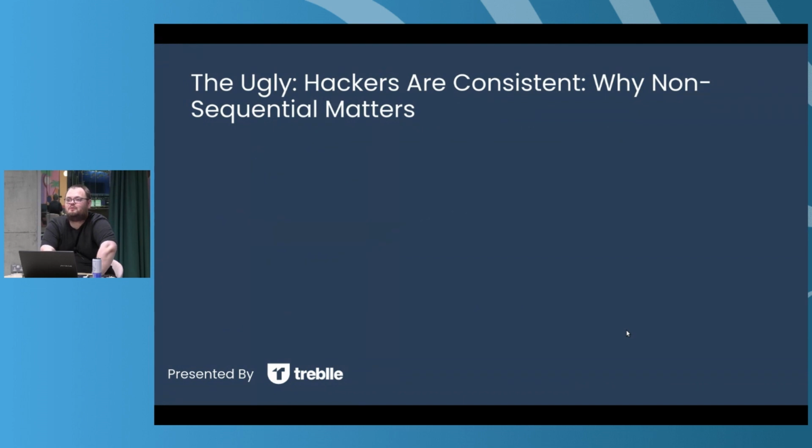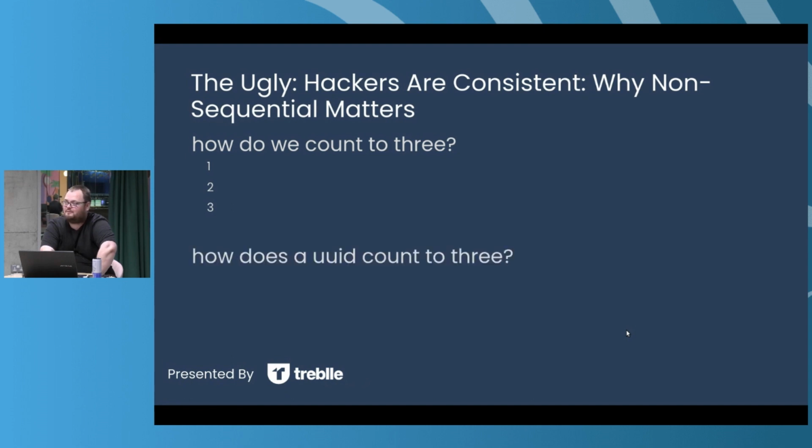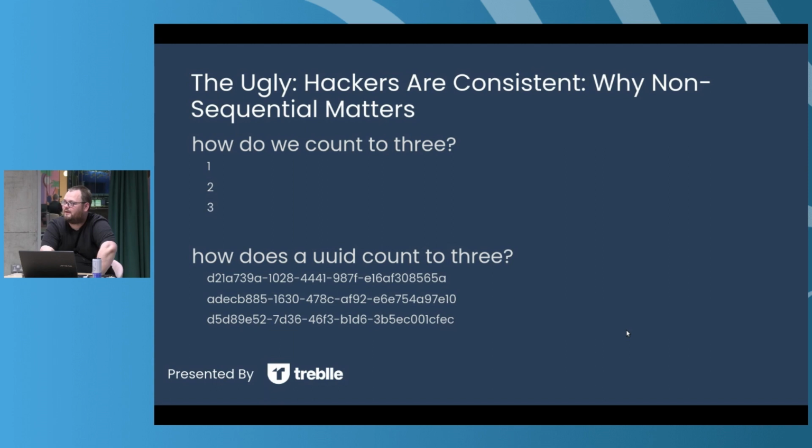How do we count to 3? 1, 2, 3. Pretty easy. Who wants to count to 3 in a UUID for me? No? It looks something like that. So which one of those is going to be easy to program something to cycle through? I'd say sequential numbers is pretty easy.